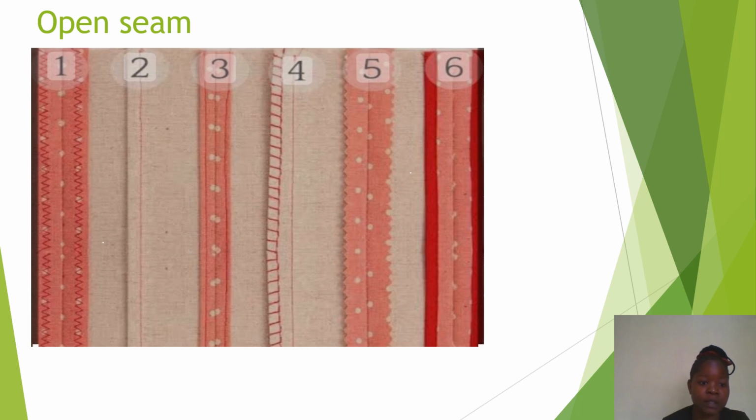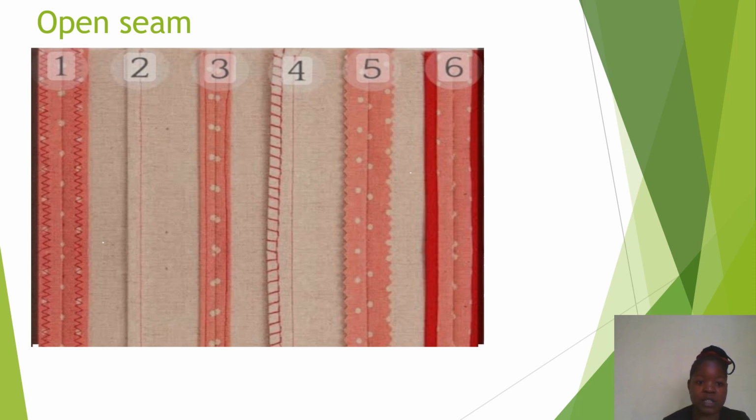Method number 1, as you see in this diagram, we have the raw edges opened separately and neatened using the zigzag method, then number 2 is the cording method, number 3 double folding method, number 4 loop stitching, number 5 pinking, and the last one, number 6, binding.